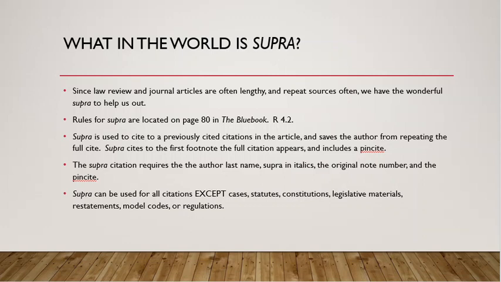Supra cites to the first footnote the full citation appears in and includes a pin cite. So the supra citation requires the author last name, supra in italics, the original note number, and the pin cite. Supra can be used for all citations except cases, statutes, constitutions, legislative materials, restatements, model codes, or regulations.